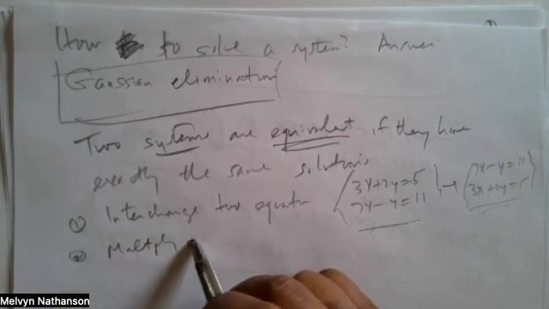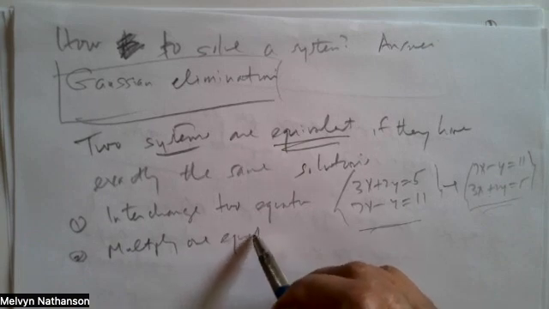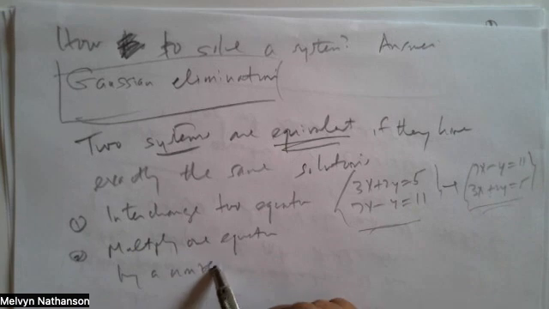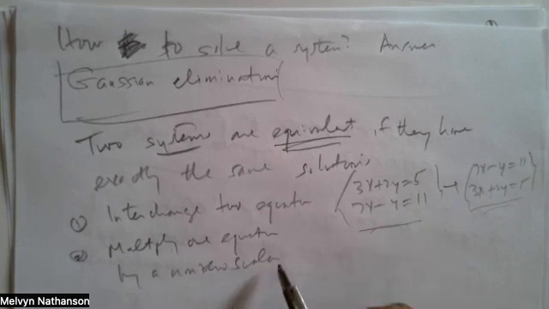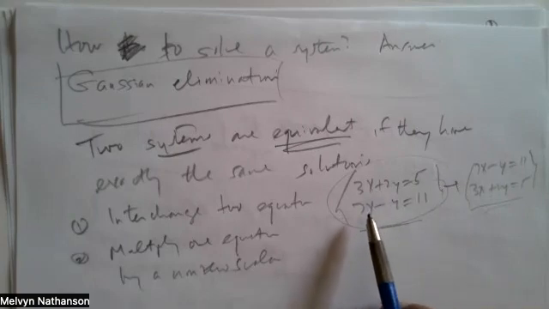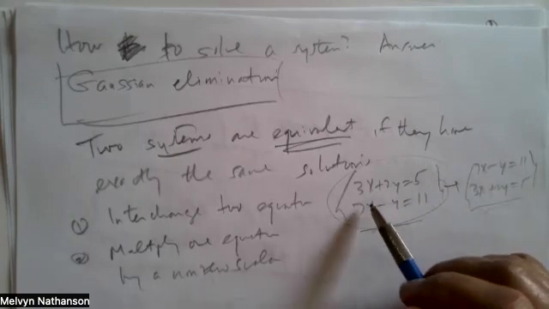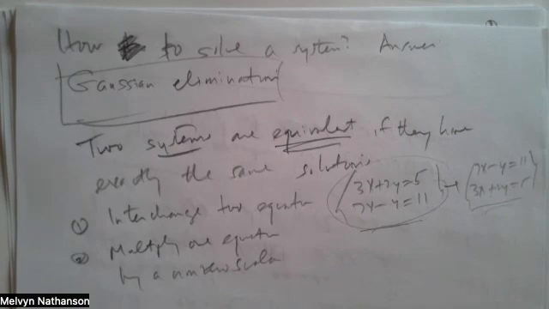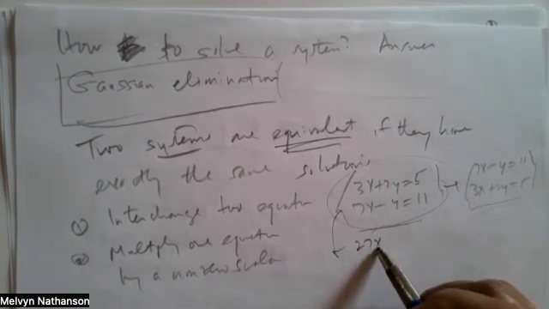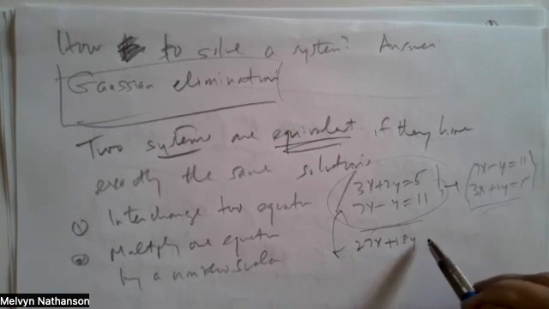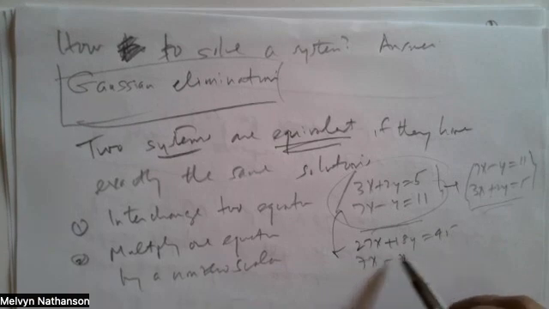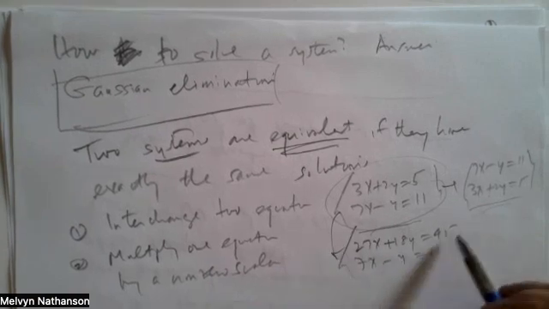I can multiply one equation by a non-zero scalar. So for example, if I take this system of equations and I multiply the first equation by 9, I would get a new system. 27x plus 18y equals 45 and I'm not changing the second equation, 7x minus y equals 11.